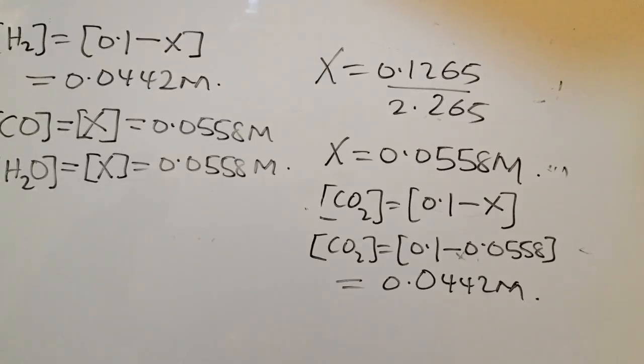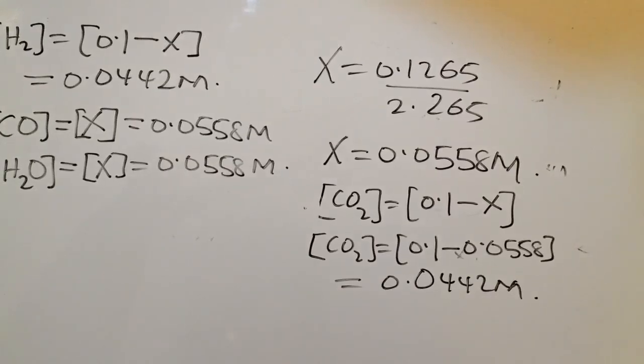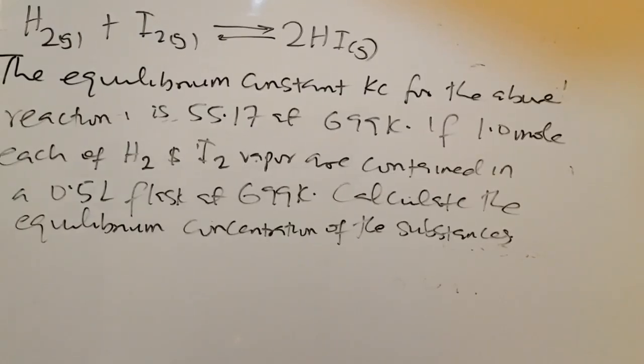We'll take another example. So look at the next question on the board, on calculation of concentration from an equilibrium constant. We have the reaction between hydrogen and iodine vapor giving us 2 moles of hydrogen iodide.